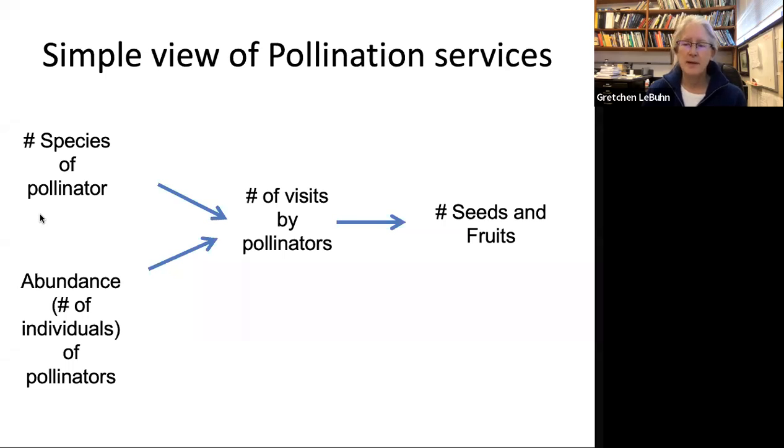A good example is that tomato plants have anthers that only release pollen when they're buzzed at a particular frequency. And for any of you who are musicians out there, that's about the frequency of a C tuning fork. It's middle C on your piano.